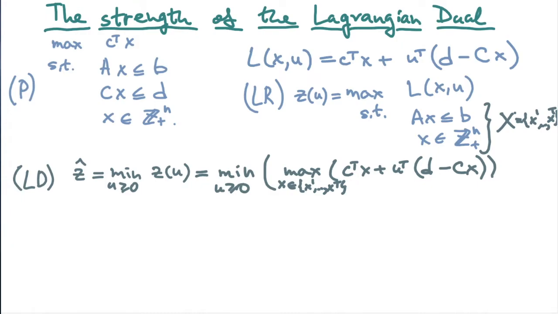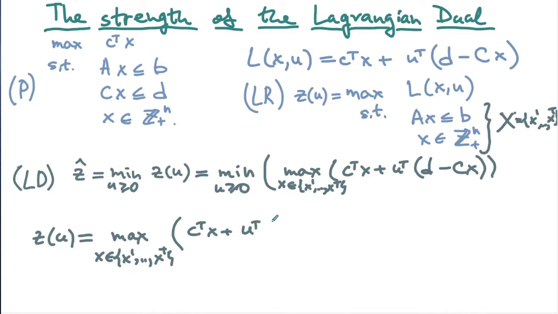So essentially this function z of u that we are minimizing is the maximum of a finite set of linear functions given by c transposed x plus u transposed times (d minus Cx).